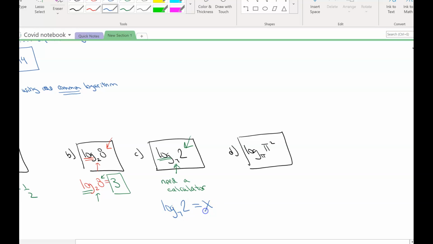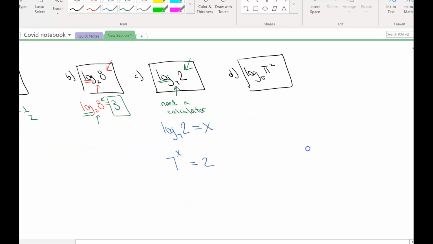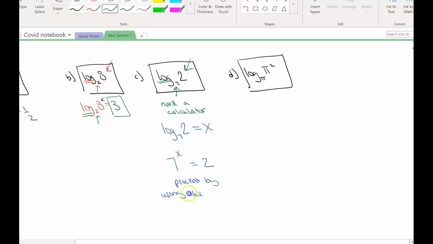That equals some unknown. Maybe I will rewrite that as 7 to the x equals 2. And what would you do now? Yes, you would proceed by using the common logarithm, right? And we're back again at our lesson from Monday.